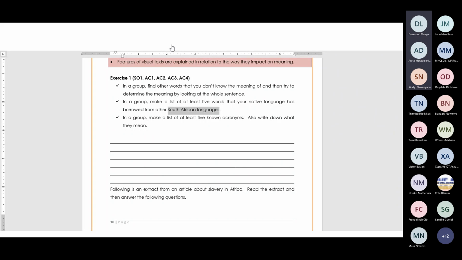ABSA. Amalgamated Banks of South Africa. Yeah. I never knew it was an acronym. Taco, give me one. TTYL.